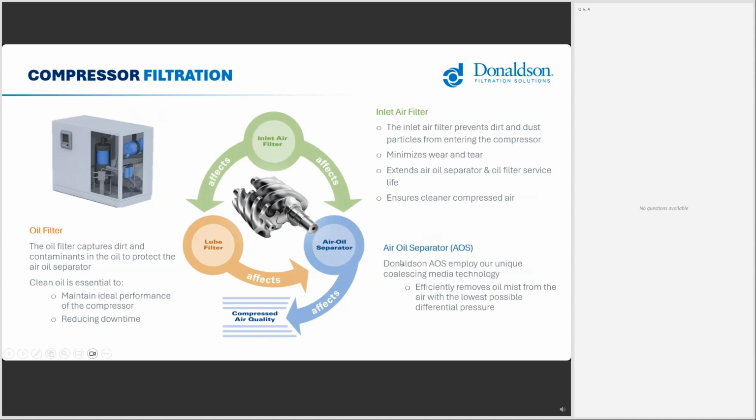And the better the air oil separator works, the higher the purity in your compressed air system is. So it's very important to look also at these filters and especially at the air oil separator. Donaldson is providing really an outstanding coalescing media technology, which makes this type of filter very, very efficient.